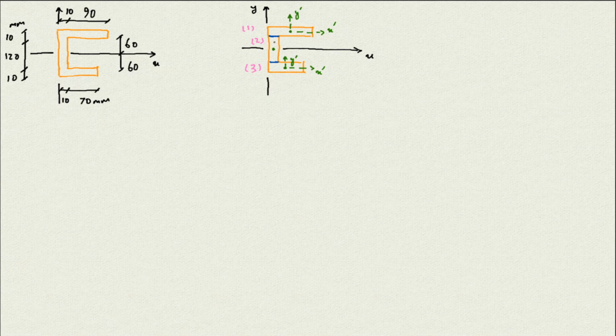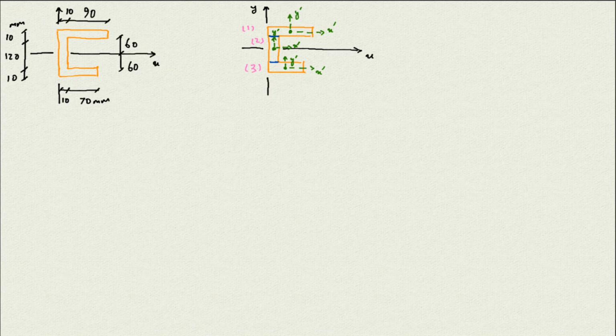And the same here, the x prime is going to be right on top of that x, and y prime is going to be here. So these are the centroids of these 3 parts, x prime and y prime for each of these 3. Now we have to find the distance between these axes and the original axis for the calculation purpose.